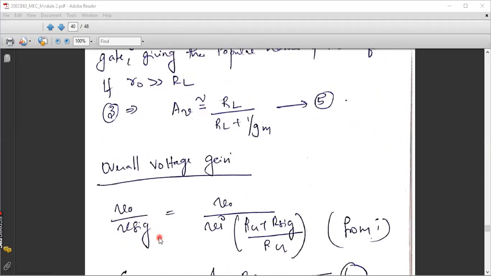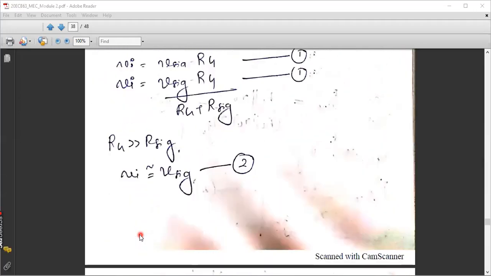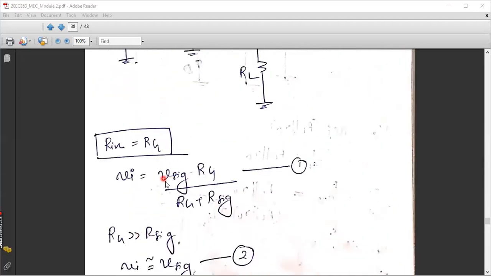As of now, we got the relationship between Vi and Vsig. Already we have written from equation number 1, you can rearrange Vsig in terms of Vi. Instead of Vsig on the left hand side of GV, I will put it as Vi multiplied by Rg plus Rsig divided by Rg. You just rearrange this, cross multiply, and write Vsig in terms of Vi.